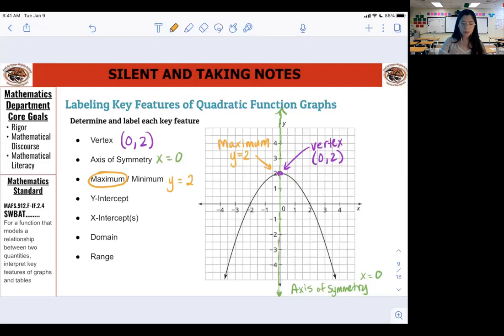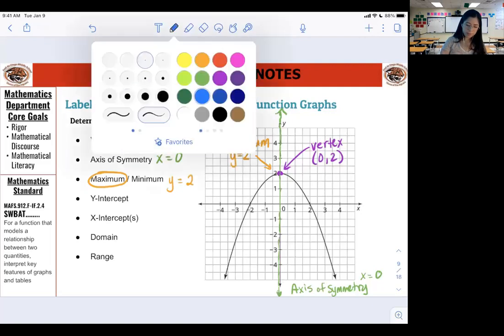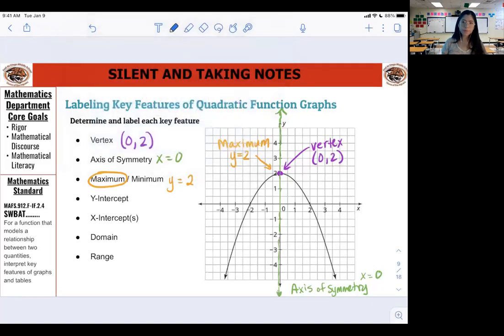Where is the y-intercept? x equals 0. That's my y-axis.